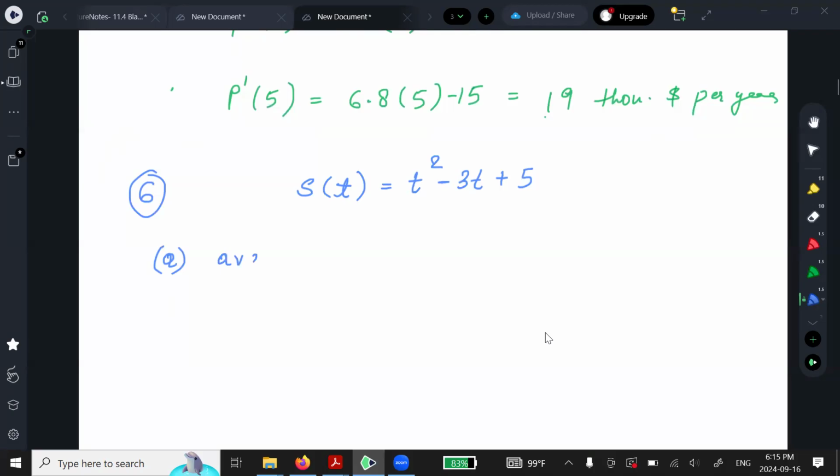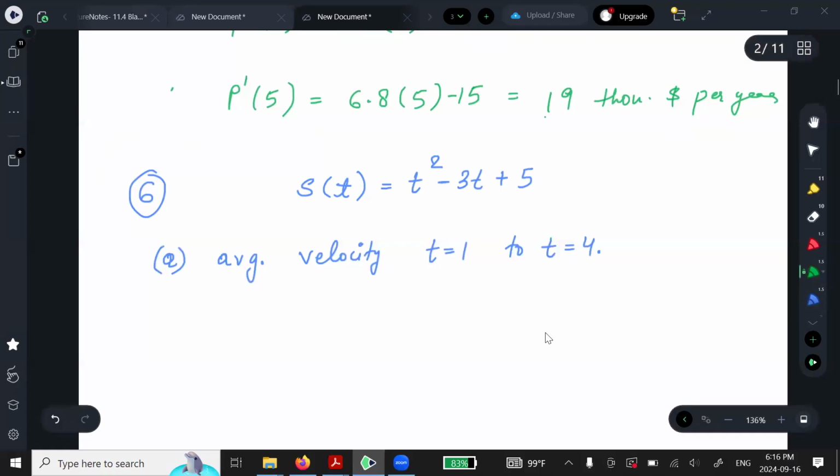Part A, average velocity from t equals 1 to t equals 4. What is the formula? Oh, you already solved it? Don't I tell you?